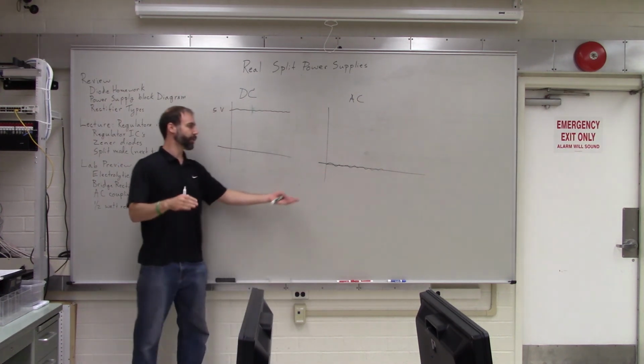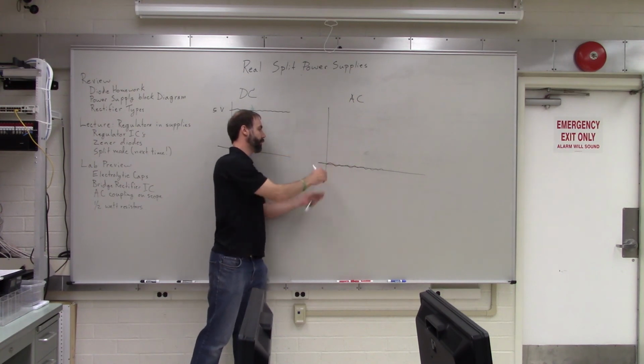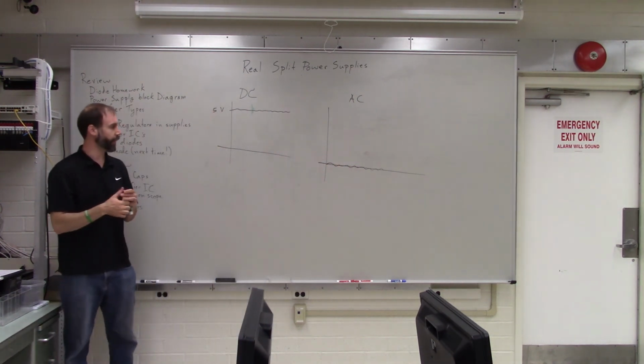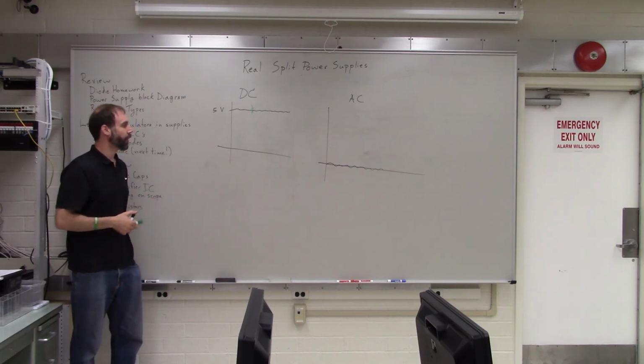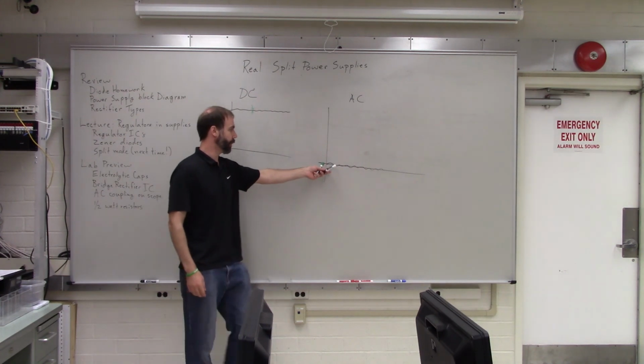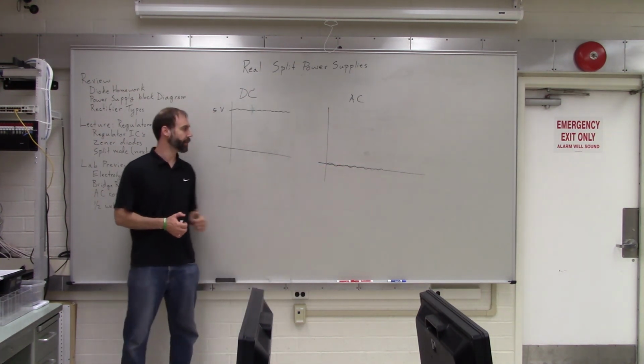So you can zoom way in on it, and you just keep getting closer and closer, and it stays right in the middle of your screen, and it's really easy to see. So you want to use AC coupling when you're just interested in the wiggles. That's called the AC part of the signal.